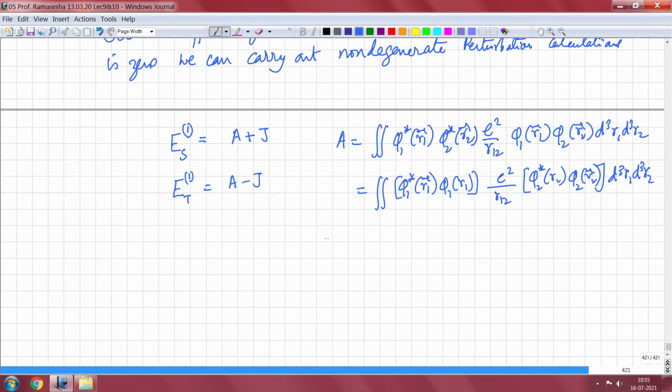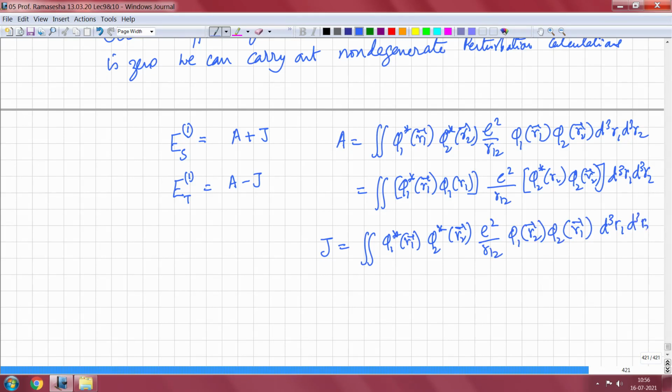And then what is J? J is given by the following: phi1 star r1 phi2 star r2 e squared upon r12 phi1 r2 phi2 r1 d cubed r1 d cubed r2.